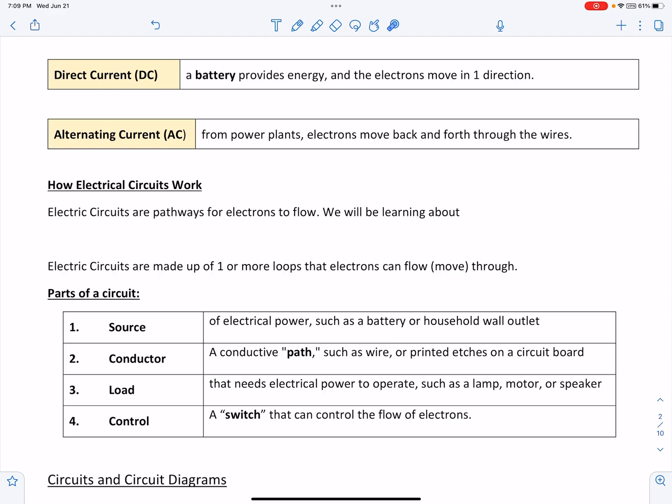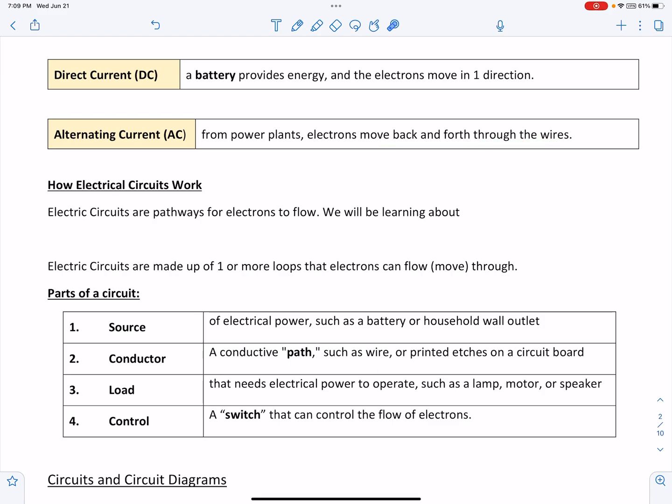Direct current and alternating current, DC and AC. Direct current is a battery. It provides energy and the electrons move in one direction. Alternating current, from power plants, electrons move back and forth through the wires.